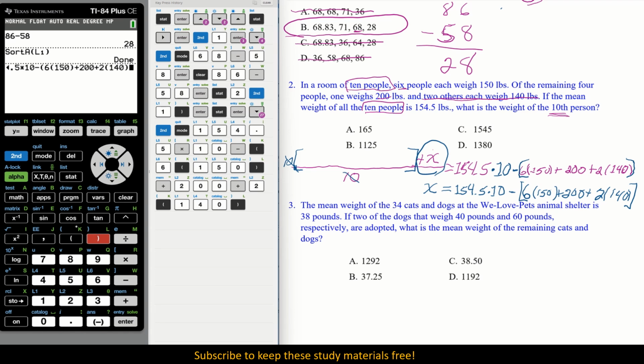Now I'm going to close it again. All of that closed in another parentheses and push enter, and we should get something usable. And we do. And it happens to be option A. That is 165.